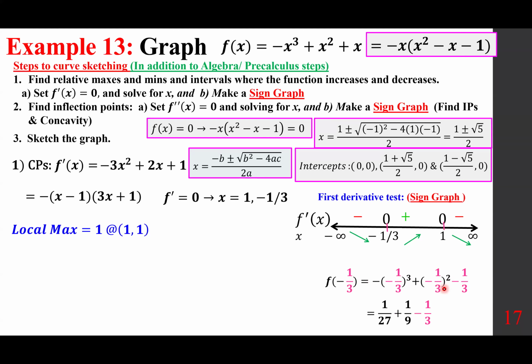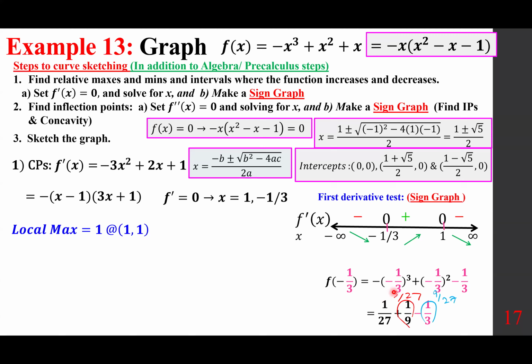And obviously 27 is the common denominator. Therefore, this becomes 3/27 minus, this becomes 9/27.